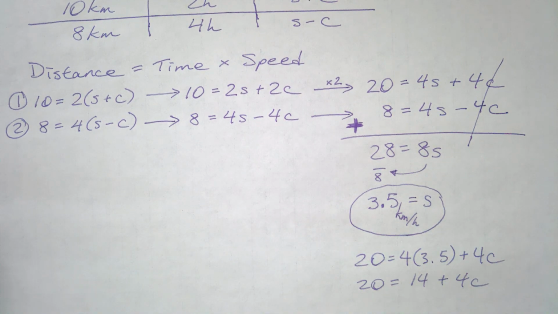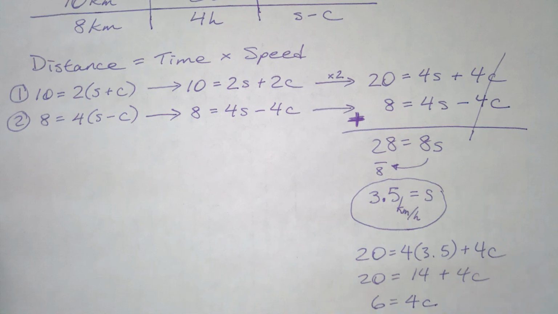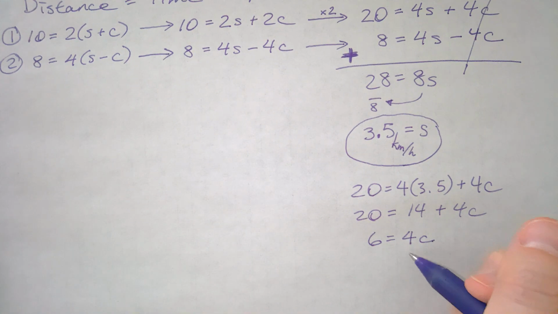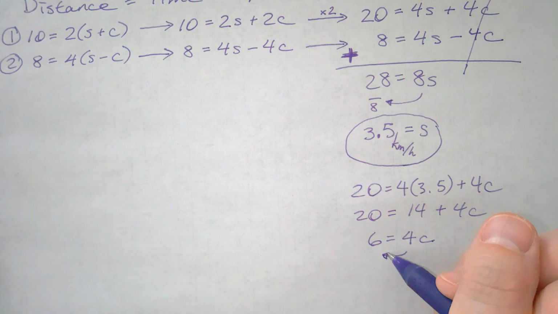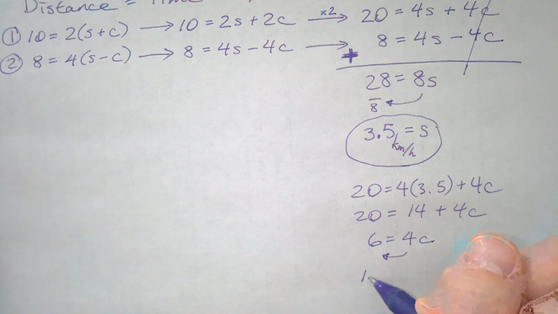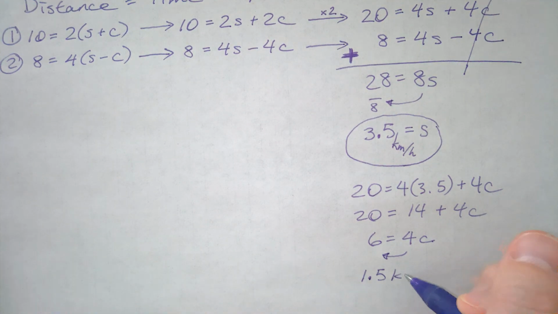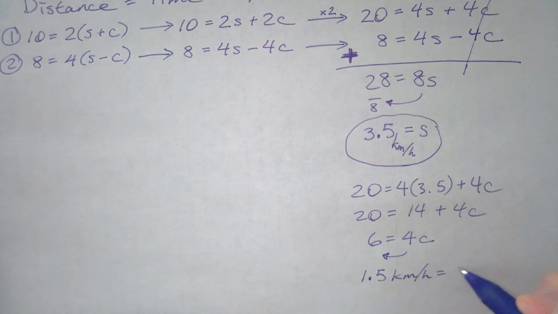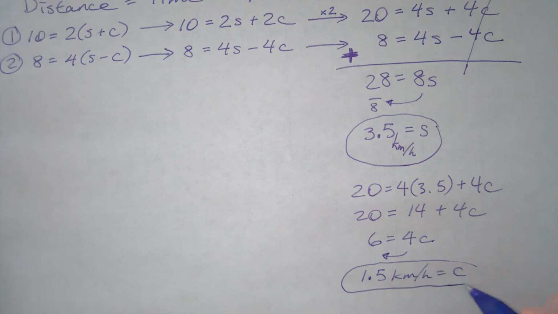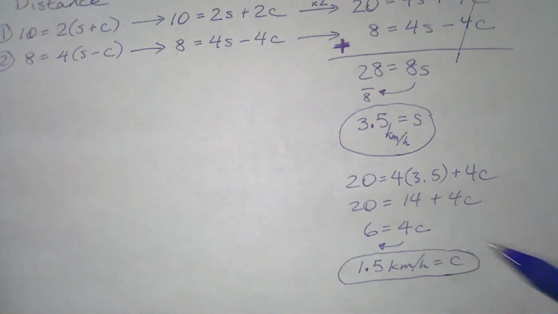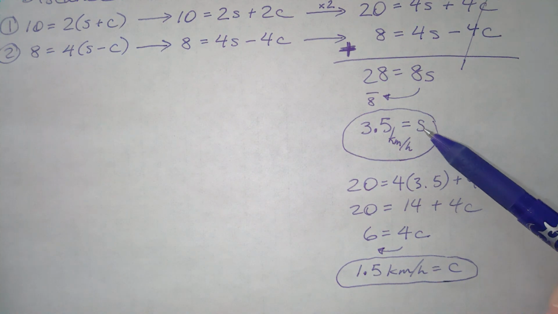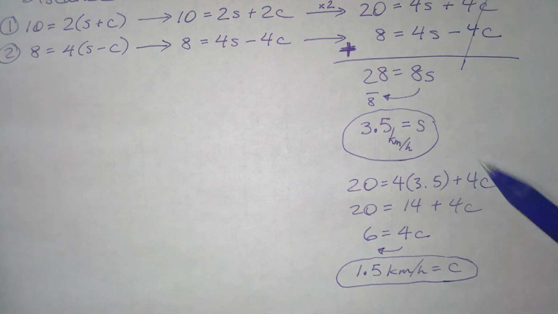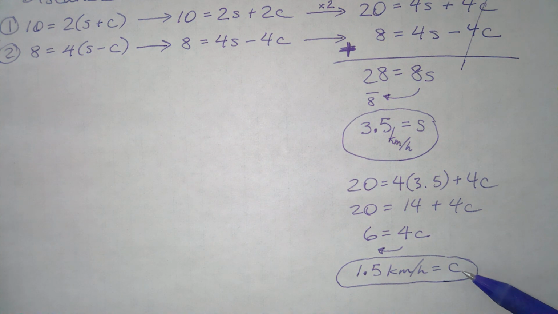Move the 14 over, you get 6. And then lastly, divide by 4. 6 divided by 4 is 1.5. So there you go. Therefore, your rowing speed is 3.5 kilometers per hour, and the current speed is 1.5 kilometers per hour.